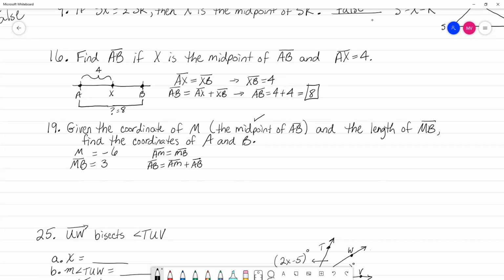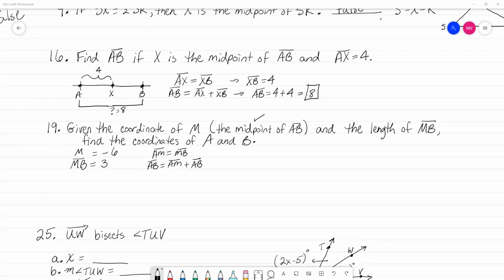The distance formula, in this case, says that the line segment MB is equal to the absolute value of M minus B. That's our length.